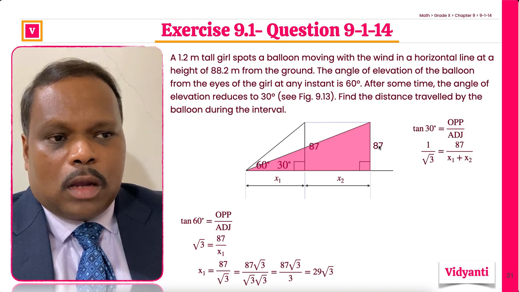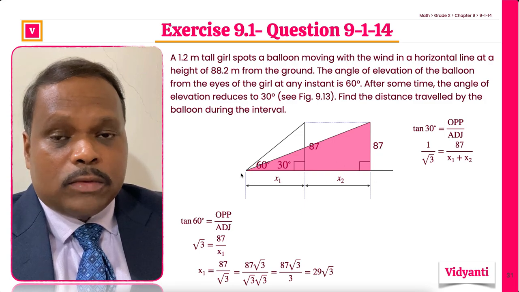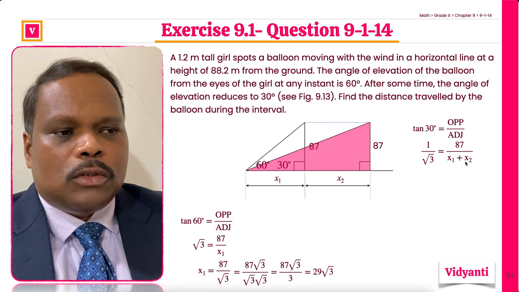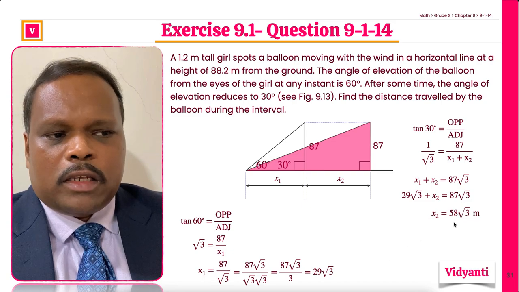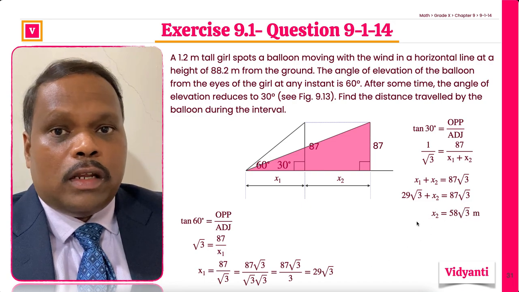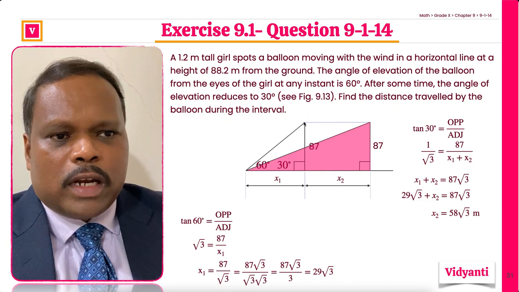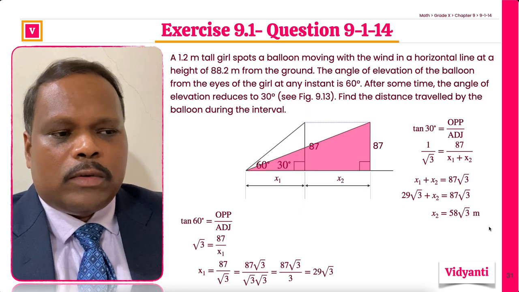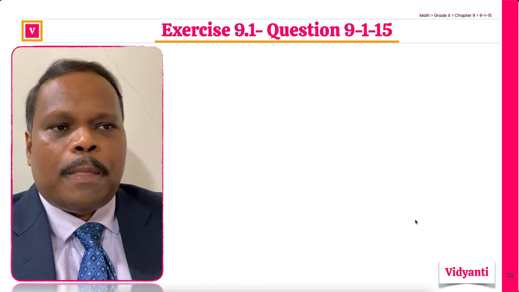Opposite is still 87, but the adjacent is x1 plus x2, the total together. So now cross multiplication, and x1 is already found, so we subtract that, and x2 comes out to be 58 root 3. What is asked here? The distance traveled by the balloon, between this and this dotted line, which is the same as x2. That will be 58 root 3, and the units will be meters.